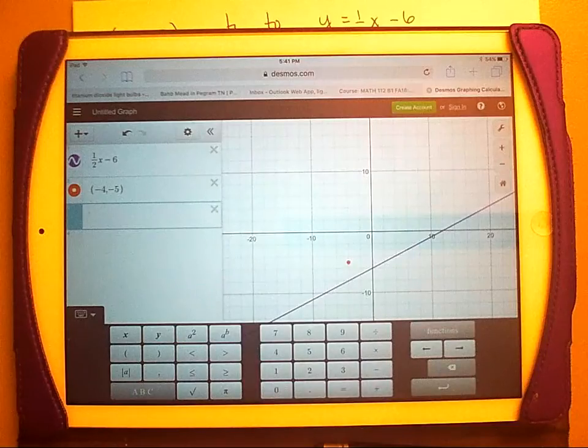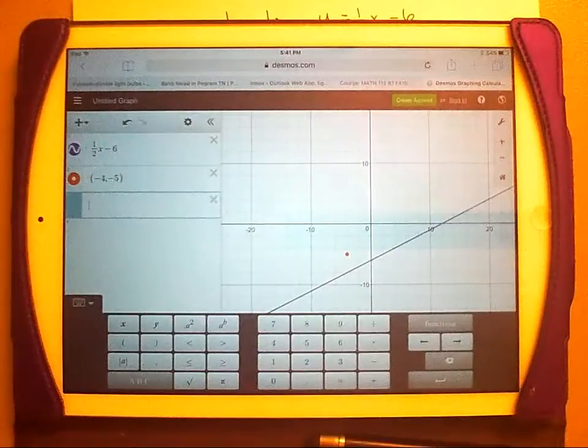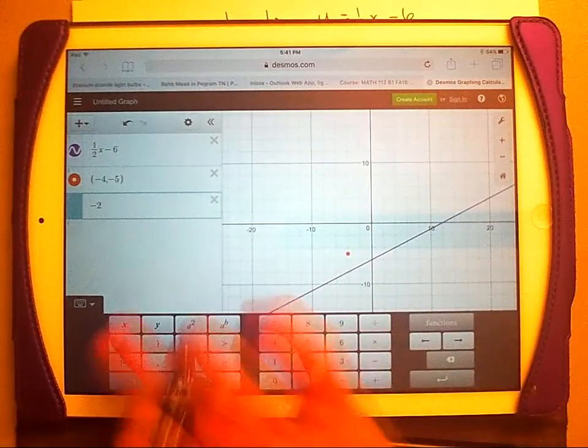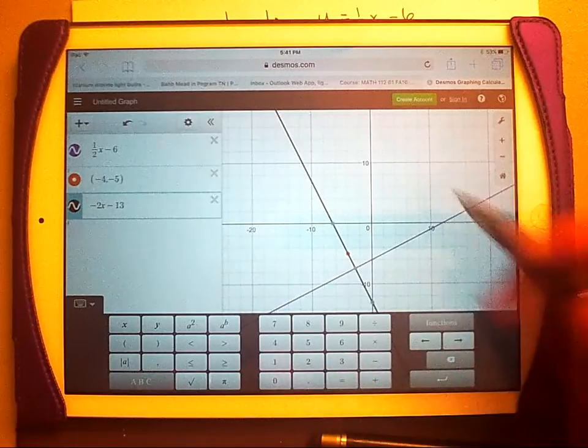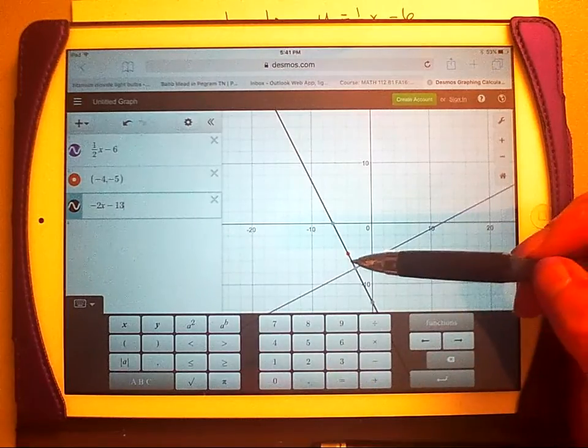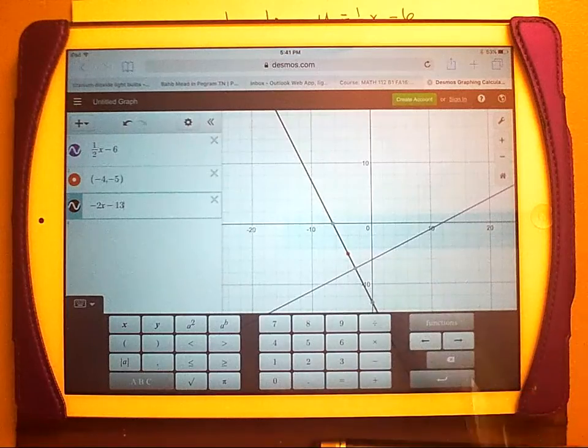And then the line that is perpendicular through that point is, what did we just say that was? Negative 2x minus 13. And when we do that, you can see that they form right angles, and this line is perpendicular to our first line and goes through that point.